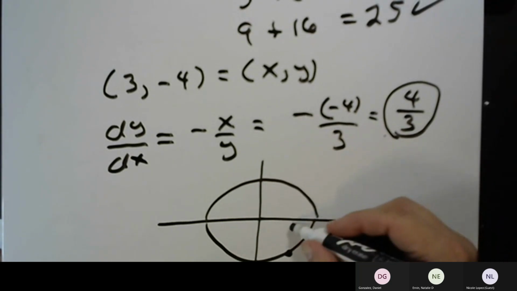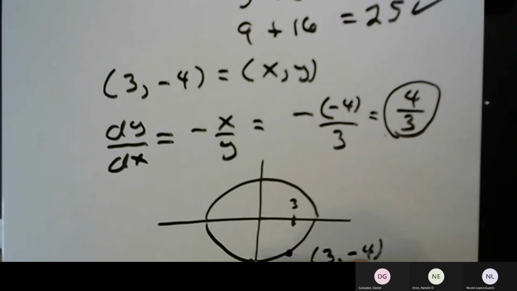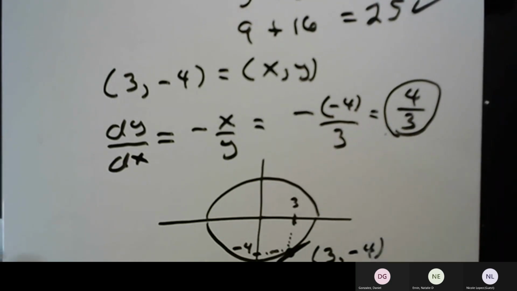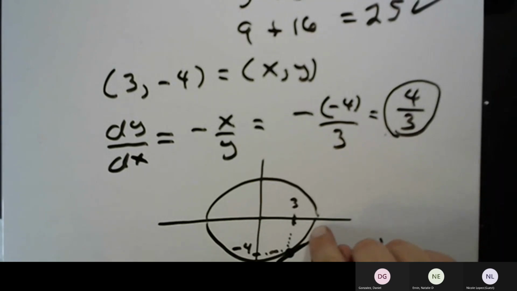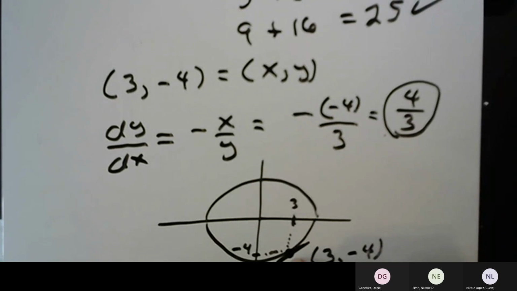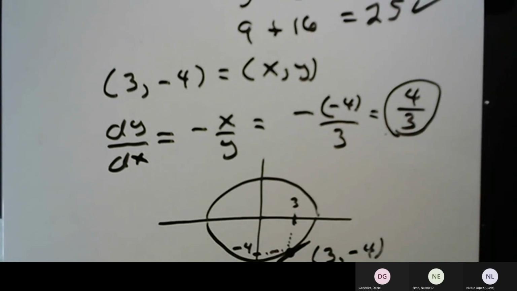And so there's a tangent line coming through here with a slope of 4/3. So the tangent line striking this circle at this point has a slope of 4/3.